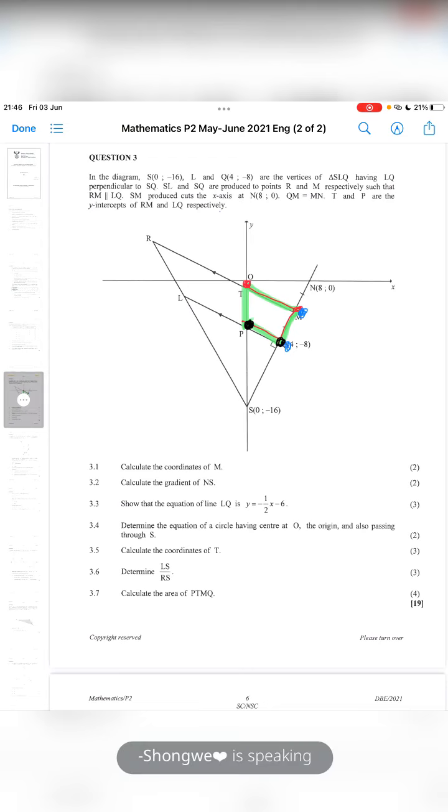Sir, here we have the triangle TSM. Can you see triangle TSM? Yes. Then, can you see triangle PSQ? The smaller one.